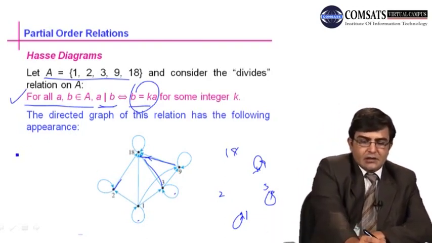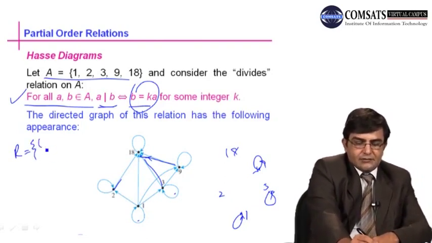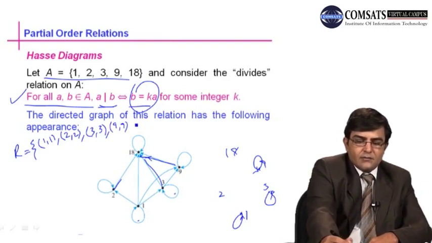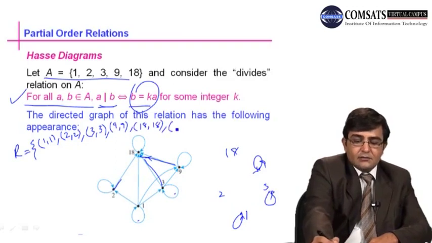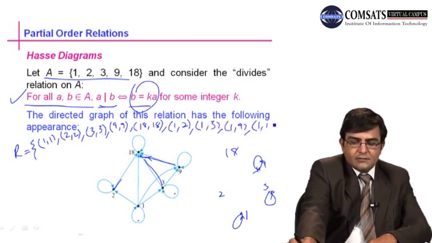because the relation R basically contains the elements 1 1, 2 2, 3 3, and 9 9, 18 18, and then 1 2, 1 3, 1 9, 1 18.